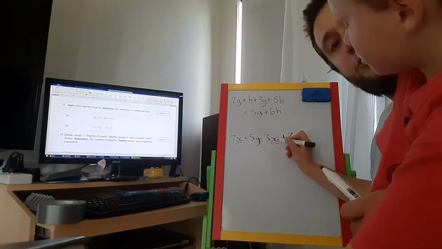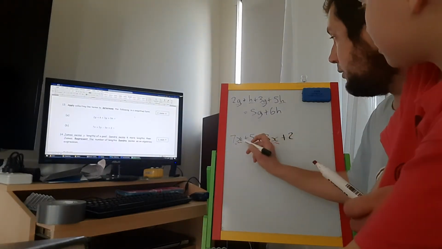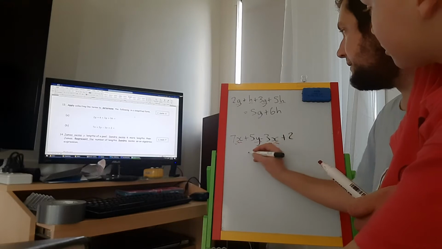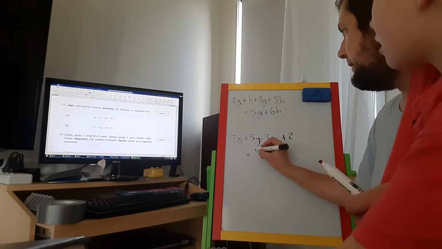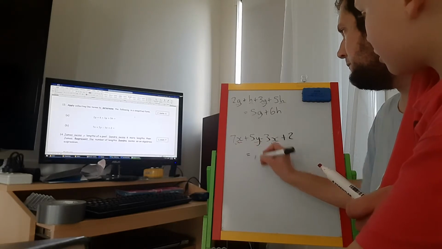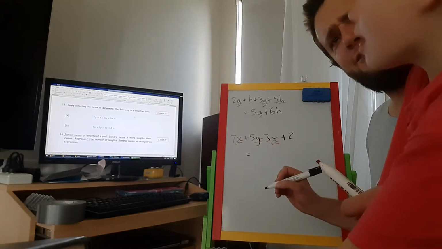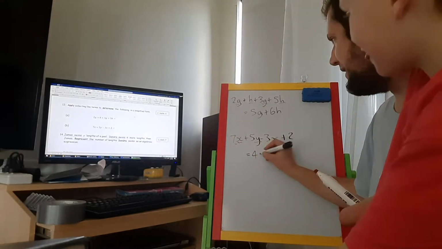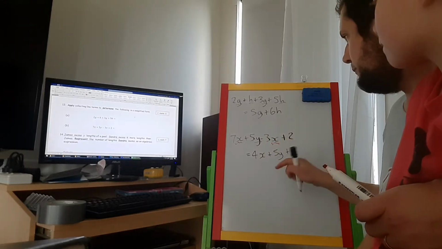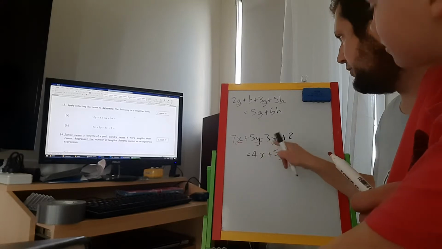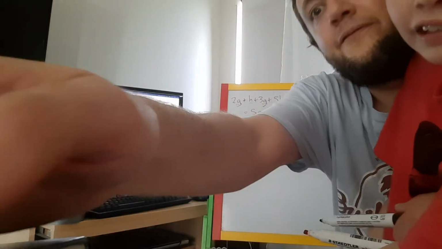It belongs to the 3x here. So what's 7x take away the 3x? 4x. And we still have the 5y and we still have the 2. The negative there only belonging to the 3x.